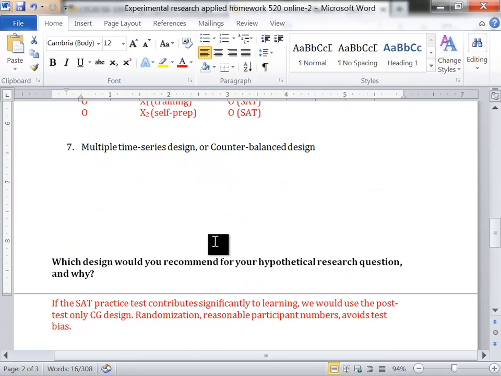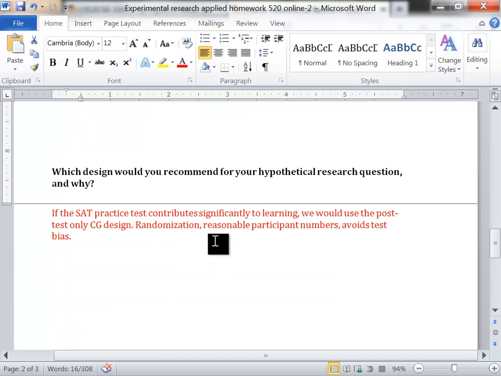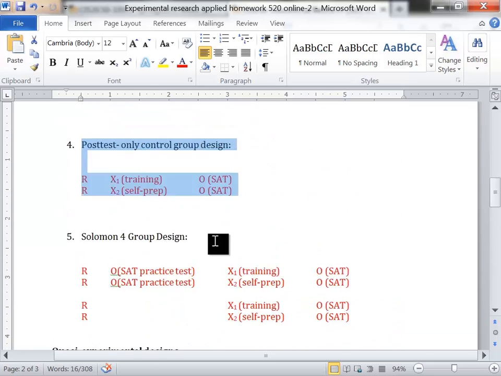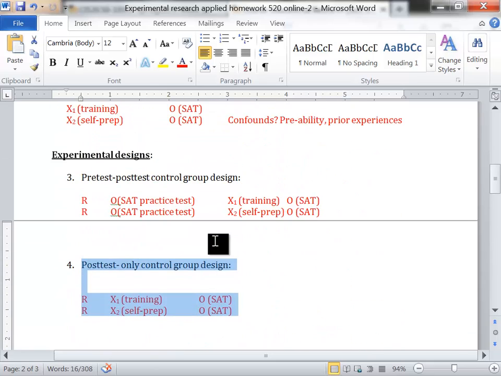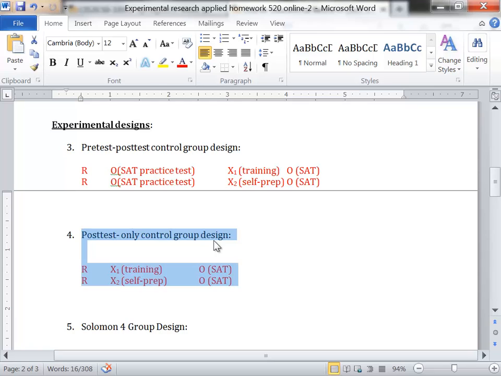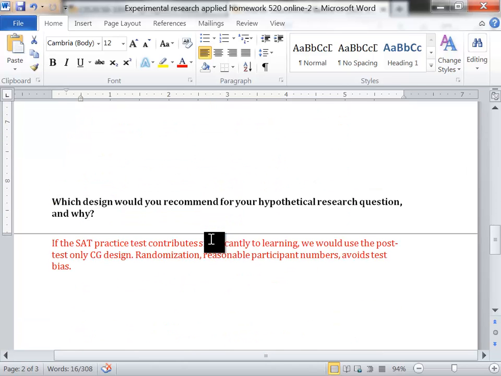And the reason I chose that is that I think, one, it deals with the need to randomize participants. It avoids the potential test bias, because we're actually looking at whether or not people do better on the SAT tests. So having them take the SAT test in advance, it may influence what their final SAT test scores are. So that's one of the key reasons.